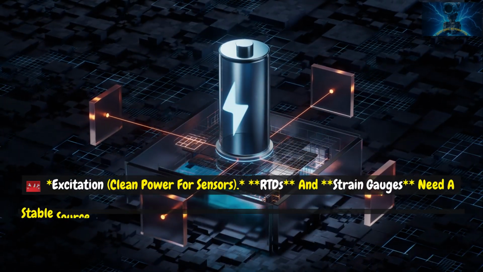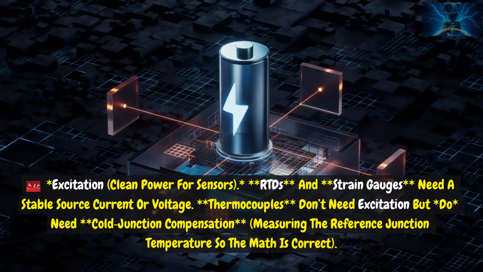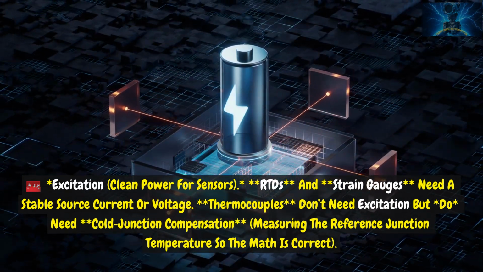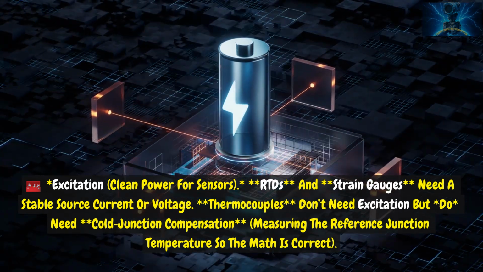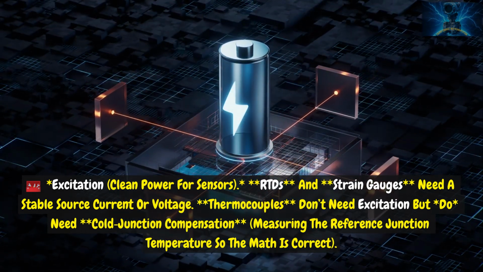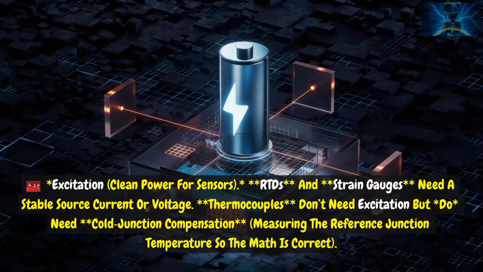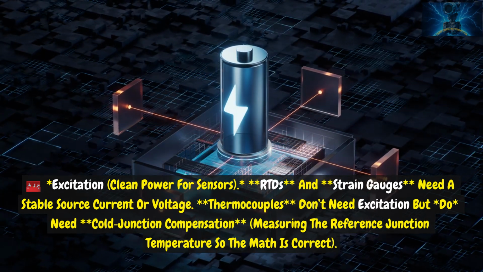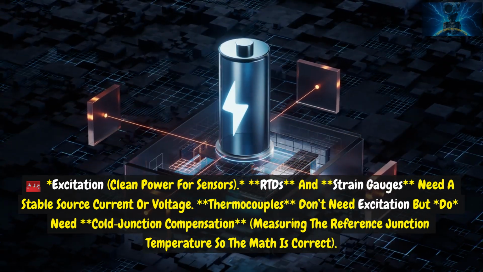Excitation, clean power for sensors. RTDs and strain gauges need a stable source current or voltage. Thermocouples don't need excitation but do need cold junction compensation, measuring the reference junction temperature so the math is correct.